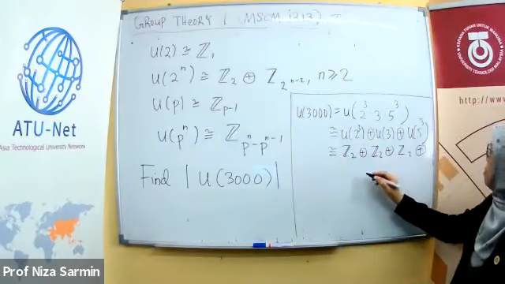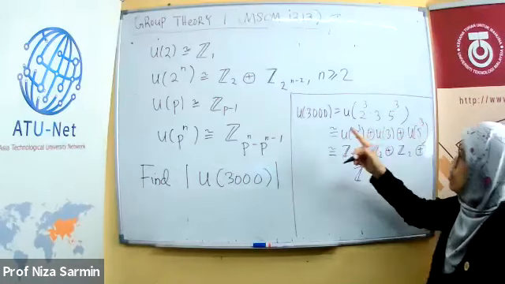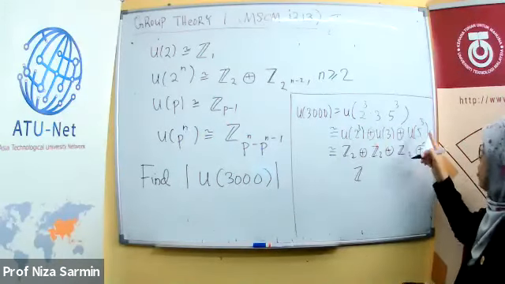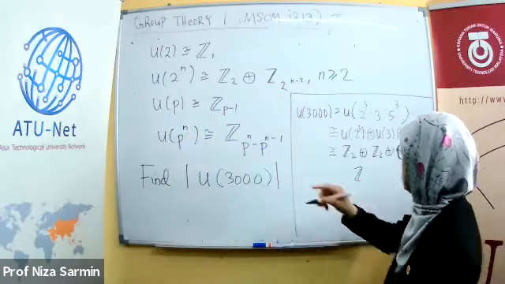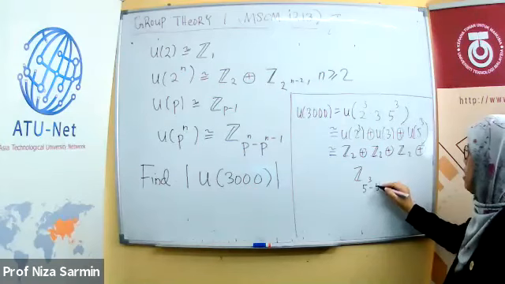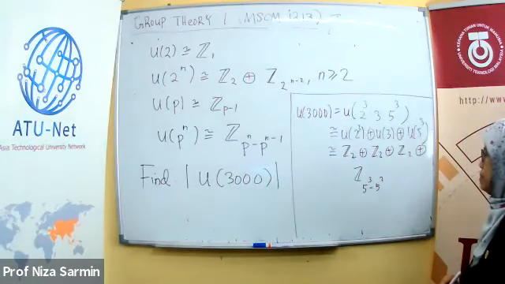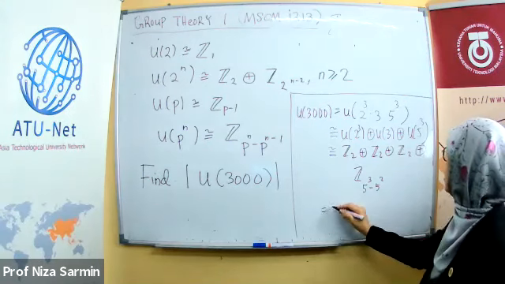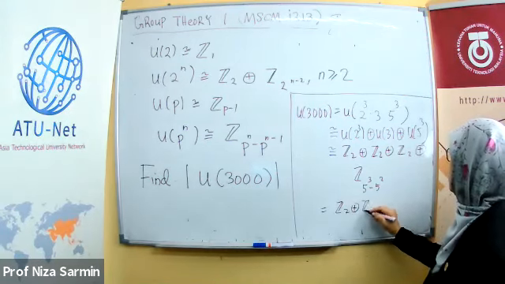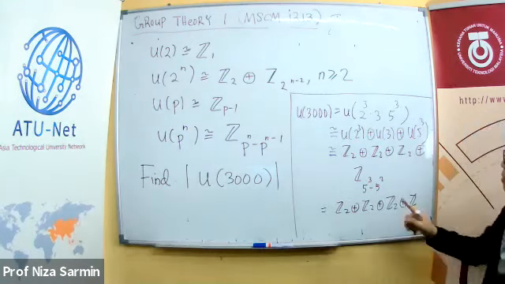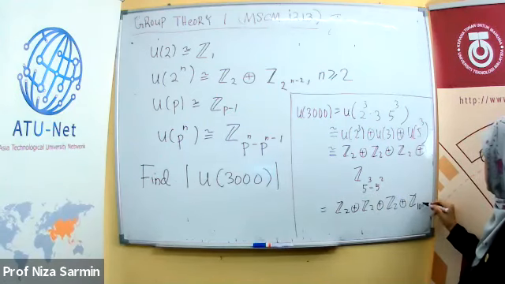And then U of 5 cubed is 5 cubed minus 5 squared, which is equal to Z2 plus Z2 plus Z of 125 minus 25, right?